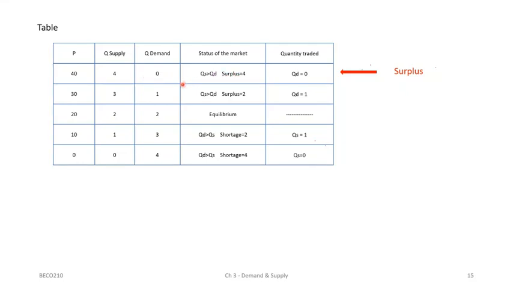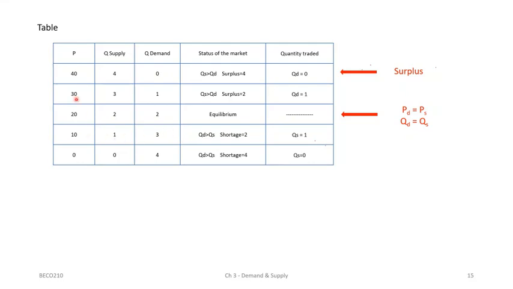We can view this surplus, one, from the price, which is higher than the equilibrium, which is 20. Two, when the QS is greater than QD. The surplus equals the difference between the two. Surplus equals 4. The quantity traded is the lowest between the two, so equals QD.